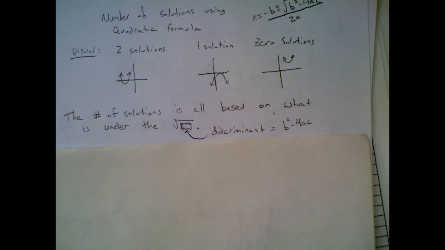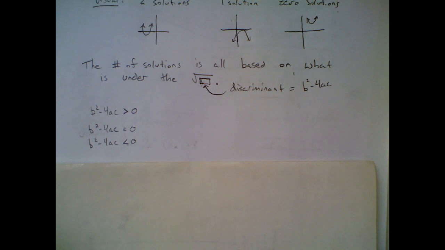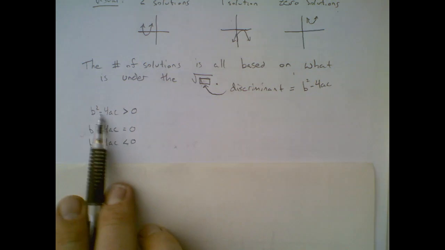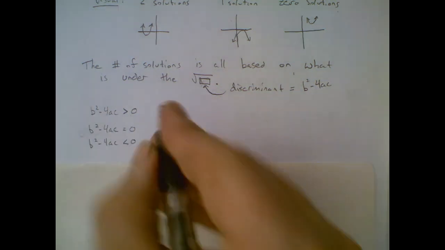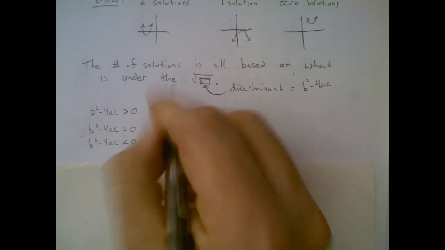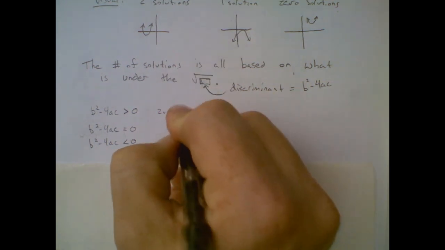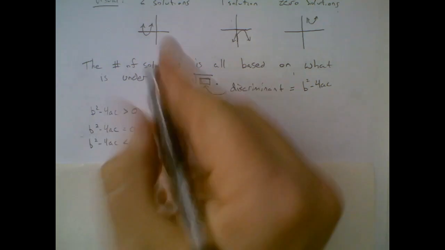And that's going to tell us everything we need to know when it comes to the number of solutions. This is very similar to last week's lesson. Depending on whether this is positive, negative, or zero, that will tell us the number of solutions. So here are three cases. What do you think if b squared minus 4ac is greater than 0, so positive? This is our two solution case.